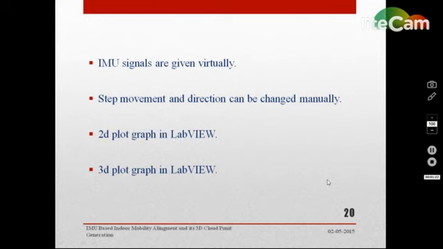The monitoring panel in LabVIEW has a 2D plot, a 3D plot, and free space shows for free movement area, and IMU signals are given virtually instead of an IMU as hardware, and step movement and direction can be changed manually. The 2D plot graph gives an XY axis graph, with X as attitude and Y as direction, and the 3D plot has a three-dimensional view of the indoor position.